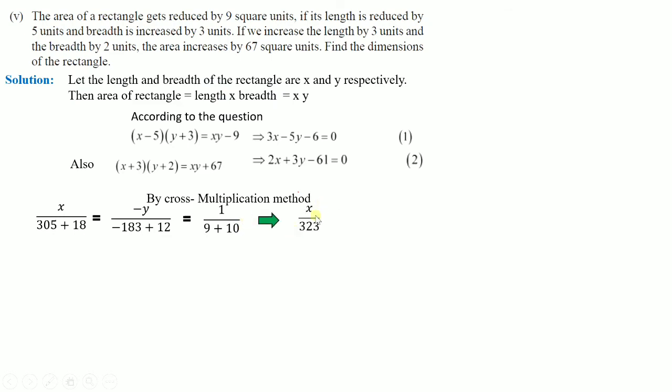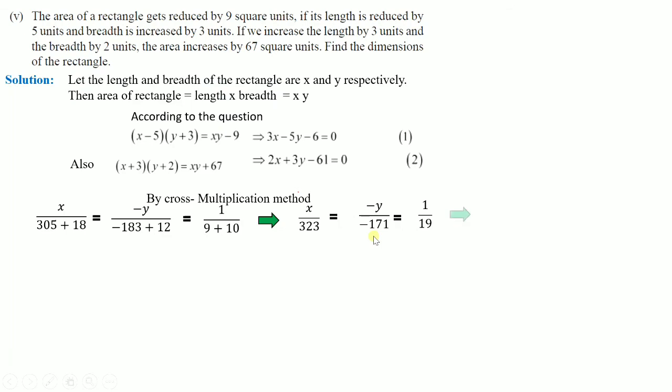This implies x upon 18 plus 5, 323. Next is minus y upon minus 171, minus 183 plus 12, and this is equal to 1 upon 19. Now the same thing: first we will take x upon 323 and 1 upon 19, and then minus y upon minus 171 and 1 upon 19.